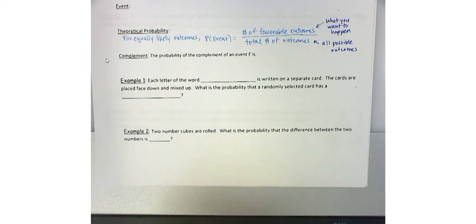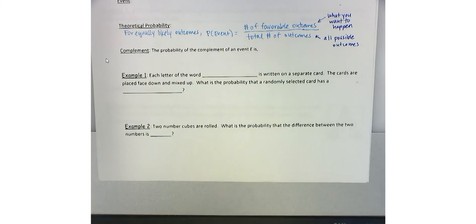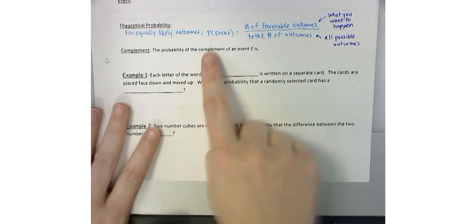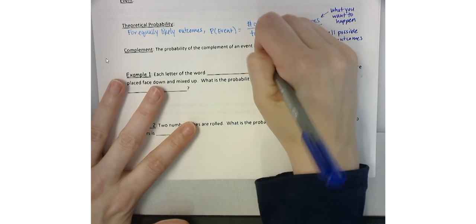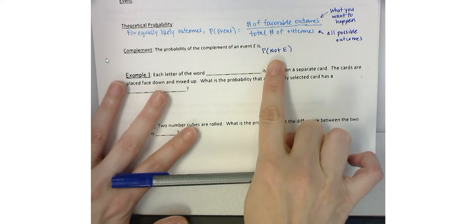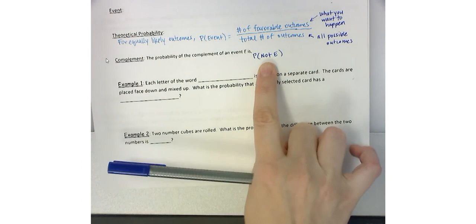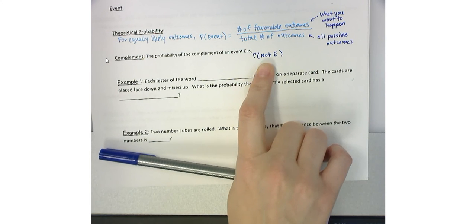The complement is going to be when the event does not happen. So the complement is the probability of not E. When it says not E, that means the event not happening. With probability, the highest value is 100% or 1. So to find the complement, you just do 1 minus the probability of the event happening.